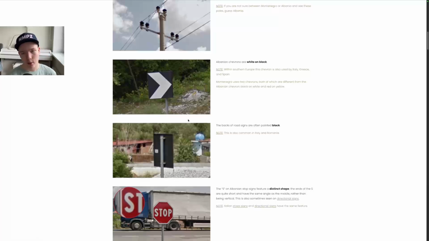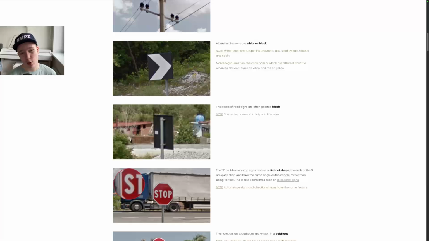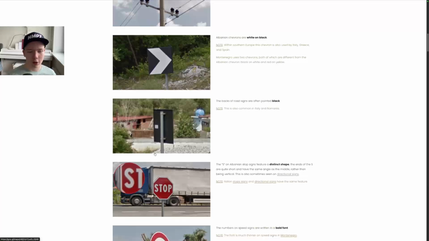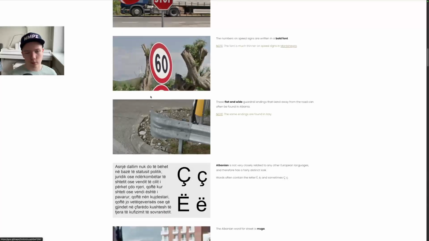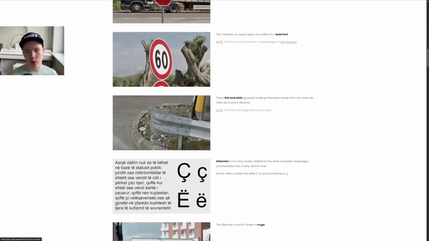White on black. Yeah, the road signs are sometimes painted black on the backs of the signs. Not always, but you can definitely see that. I don't know about the S-shaped thing, stop signs. These guardrail endings, again, infrastructure stuff in Italy and Albania, pretty much the same thing.